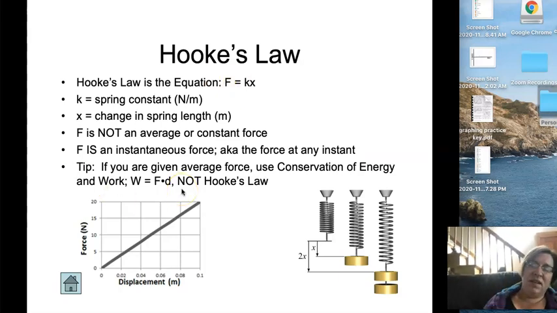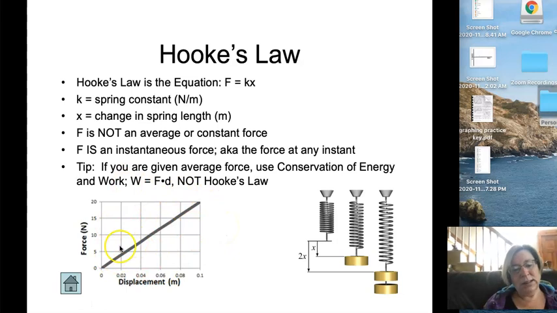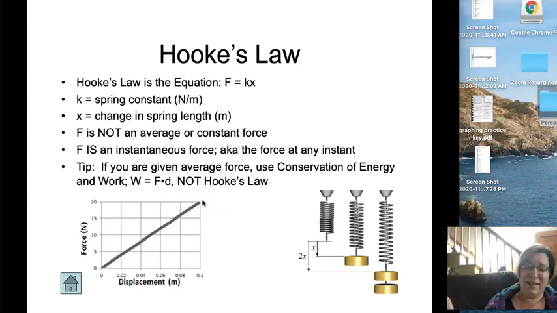Now, this means you've got to be a little bit careful about that word average or constant force if you see it in a problem. It means you cannot use this formula unless you do some fancy gymnastics where you're like, well, if the average force is here, then the total force will be up here. But that's not the easiest way to do it.